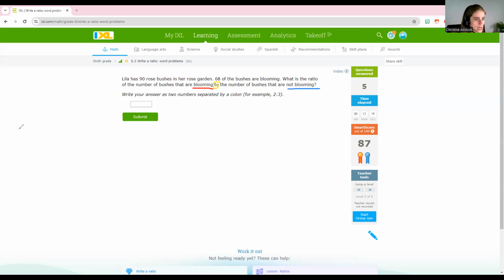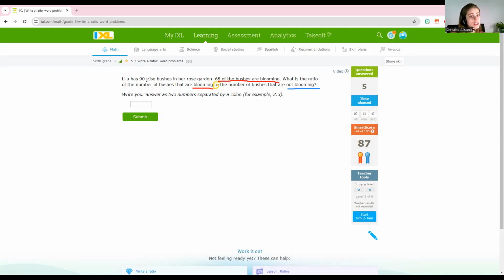If I go back and reread this, I see that 68 are blooming, but this 90 is just saying she has 90 bushes. So do we know how many are not blooming? Not yet, but we can figure it out. The problem gave us the blooming and then the total number of bushes.